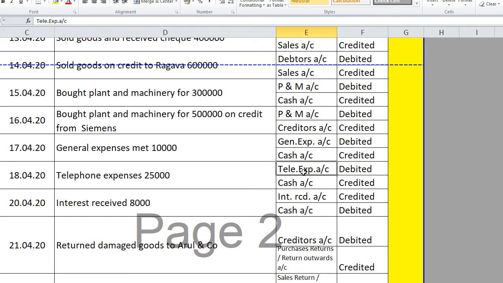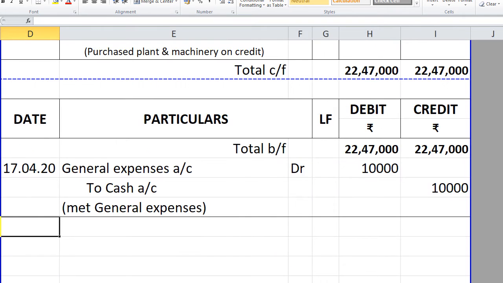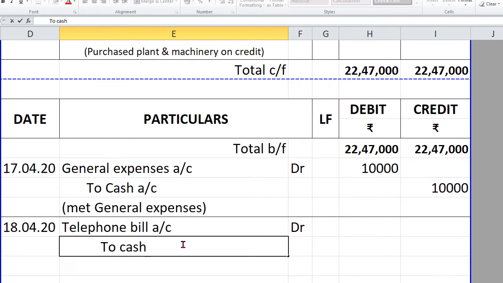So you know very well, expenses is to be debited, cash account is to be credited here because it goes out. 25,000 on 18th. 18, 420, telephone bill account, debtor, to cash.